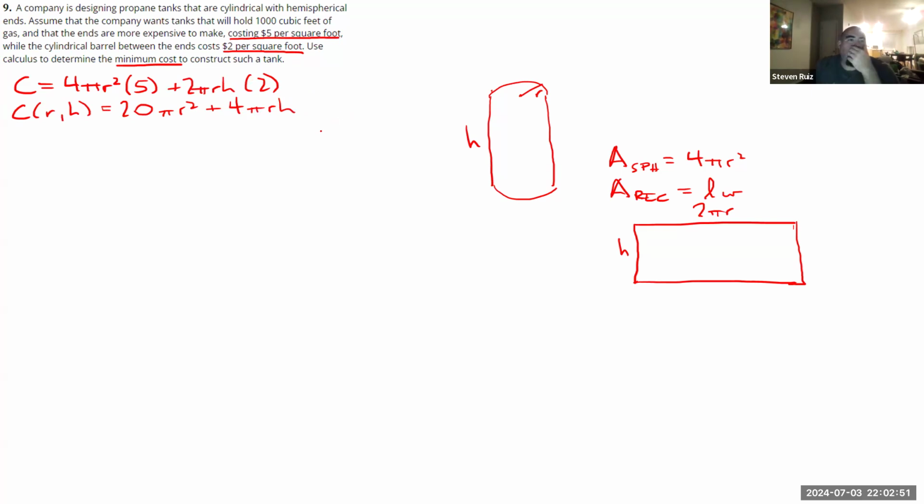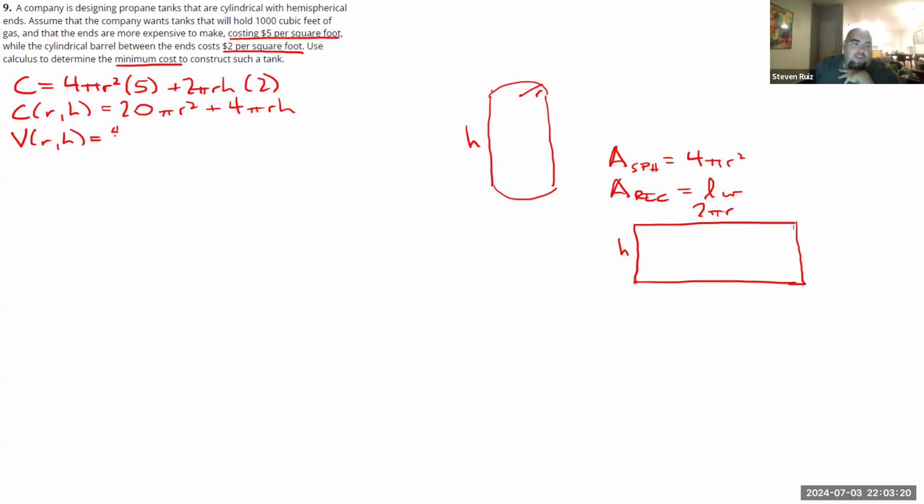All right, so I have a constraint here. I want a tank that will hold 1,000 cubic feet of propane. So that constraint is based on volume. What's the volume of this tank? It's still going to have spherical ends and a middle that's cylindrical. What's the volume of a sphere?